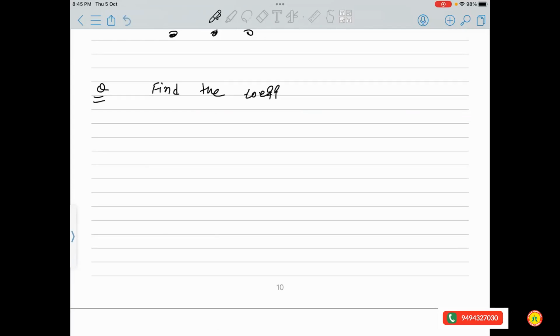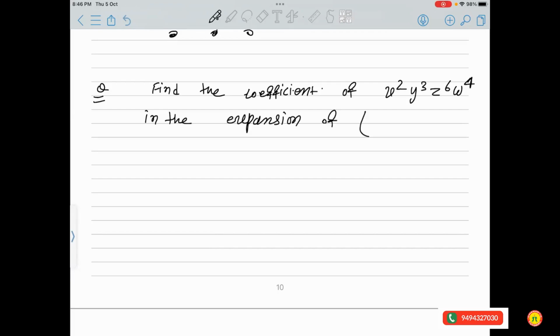Now the question is: find the coefficient of x square y cube z power 6 w power 4 in the expansion of (x plus y plus z plus w) power 15.